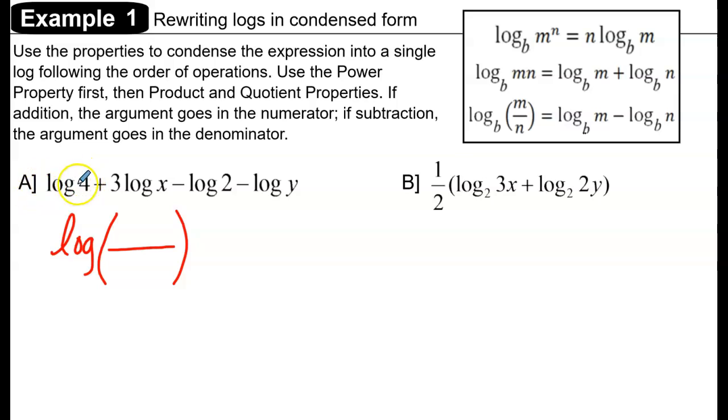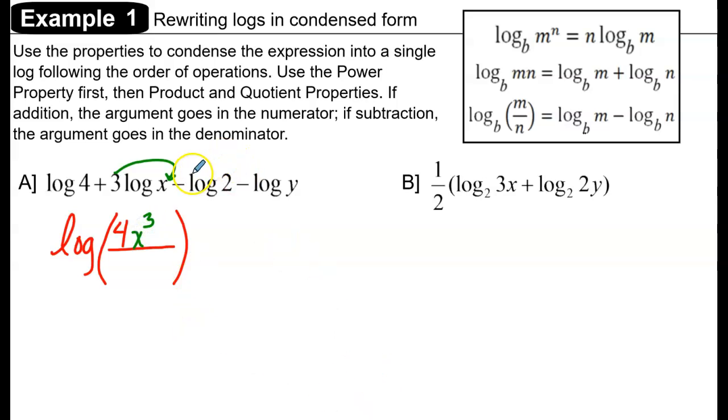And the log of 4 is positive, so that argument of 4 is going to go in the numerator. Then we have a 3 log of x, that's the power property, so we're going to move that coefficient of 3 to become the exponent on the argument of the log, so that's now an x cubed.